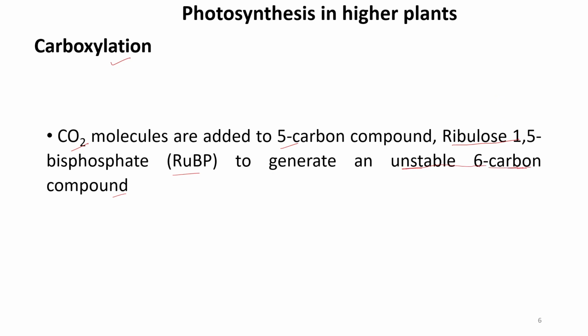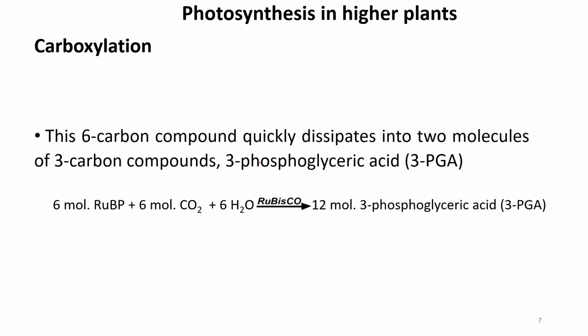This unstable 6-carbon compound dissociates into 2 molecules of 3-phosphoglyceric acid, 3-PGA. So RuBP combines with carbon dioxide in the presence of the enzyme rubisco to give rise to 3-phosphoglyceric acid.